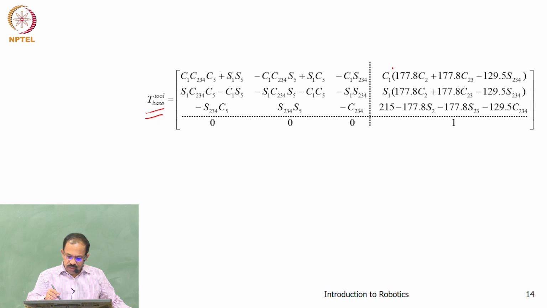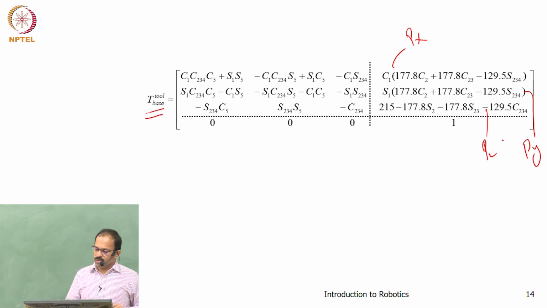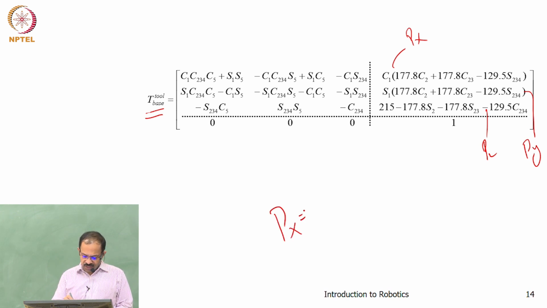You will see that Px, the position of the tool with respect to base, is given by this, this is Py and this is Pz. So Px is equal to cos theta 1 multiplied by 177.8 C2 plus 177.8 C23 minus 129.5 S234. Now we can see that the position of the tool tip Px is a function of theta 1.